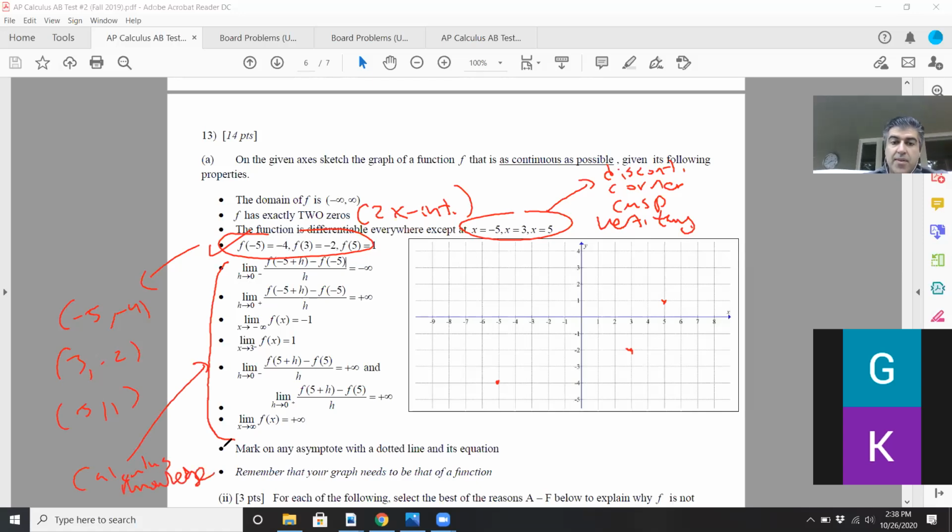So how do I use calculus knowledge here? Well, let's look at what's happening at this part right here. Now, the whole embodiment of that, the limit as h approaches 0 of all that big chunk of f of -5 plus h minus f of -5 over h, that's a derivative.